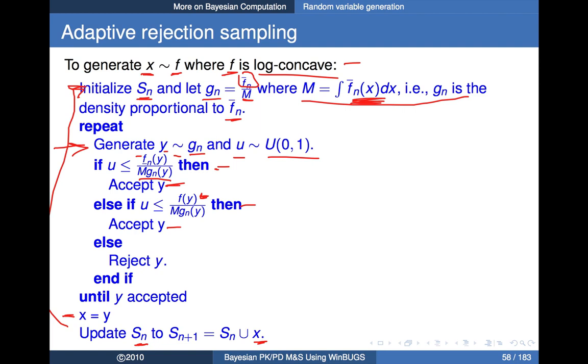And I guess what I haven't said is a lot of distributions are. So for example, a normal distribution is log concave. T distributions with a reasonably large number of degrees of freedom are log concave. A lot of distributions that you regularly work with are, but there are some that aren't.